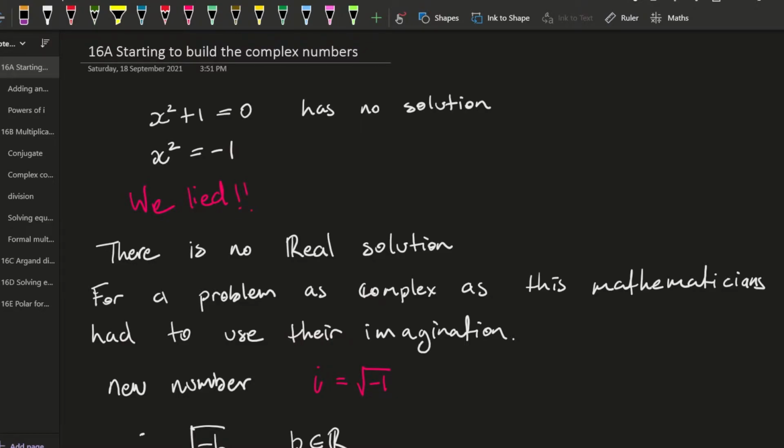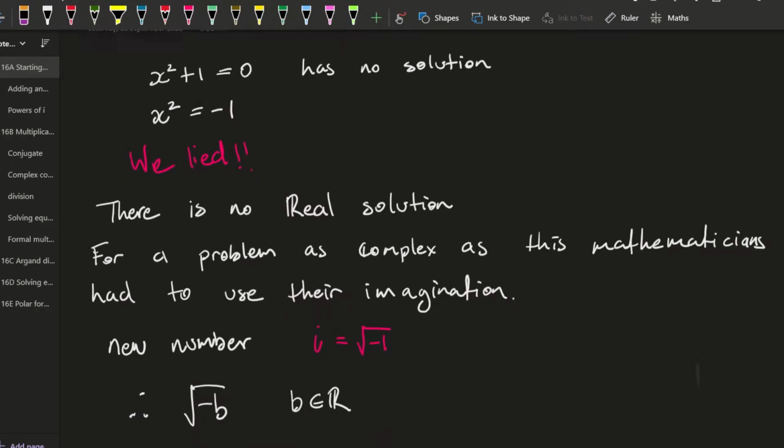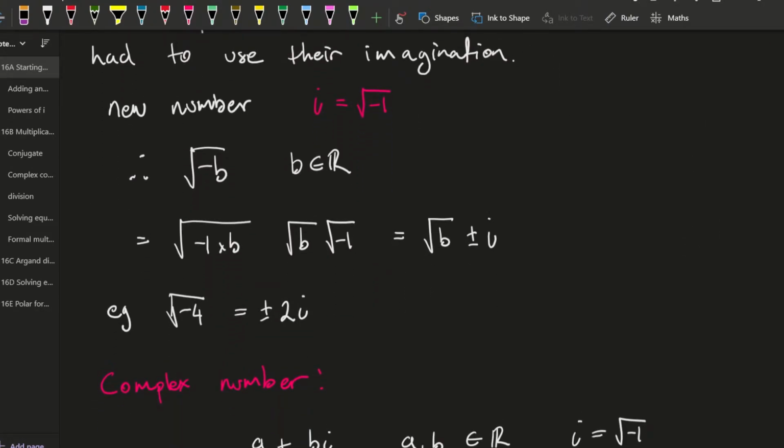What mathematicians have done is they've created this new number called i, which is equal to the square root of minus 1. And you can see in this situation here, if I had the square root of minus b, where b is an element of the real numbers, then with some typical square root manipulations, separating out the factors, we end up with the square root of b times the square root of minus 1, and the square root of minus 1 is plus or minus i.